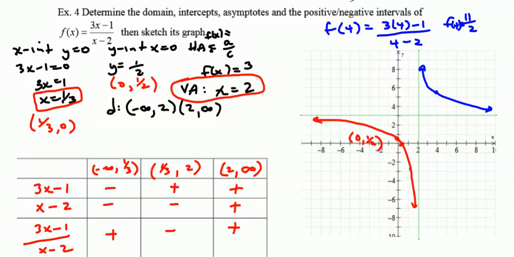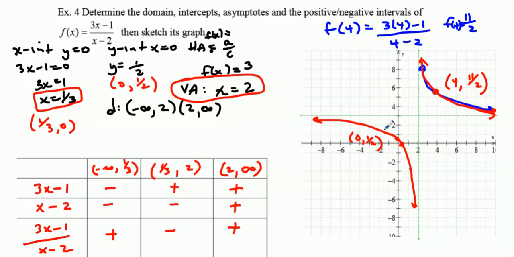From 2 to infinity, our graph was above the x-axis. According to this, it was positive. Okay, I don't know why my branches are 2 different colors. They really shouldn't be. It's all part of the same graph, right? These are both pieces of that graph. Oopsie, shouldn't be touching that asymptote. And I will just label that then 4 and 11 halves.